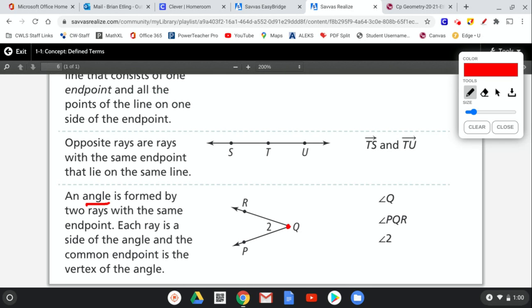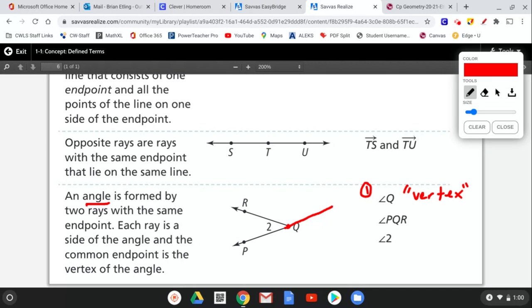Now, for naming this angle, the first way that we can name it is just by saying angle Q, naming it by the vertex. That's fine, and that'll work some of the time. However, what if this happens?